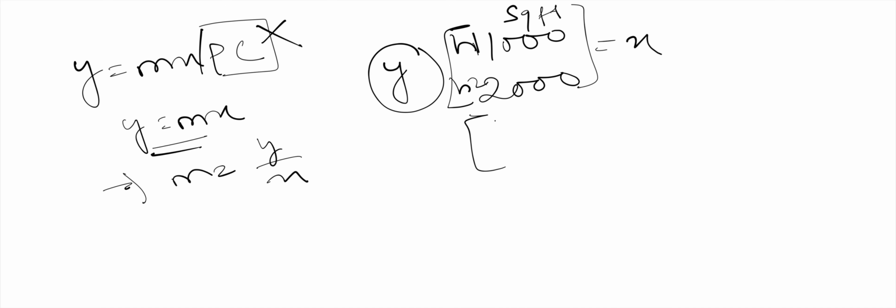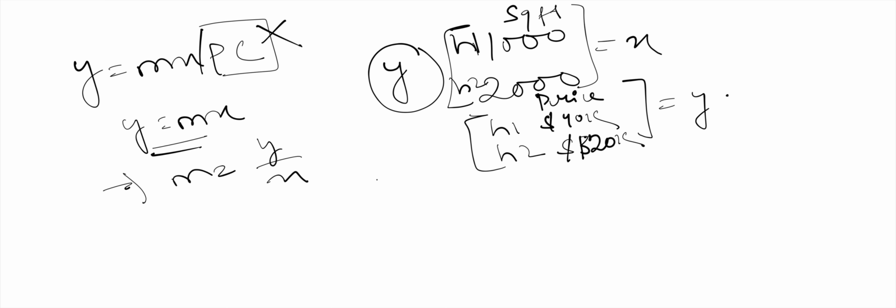And suppose house 1 price is 90K, house 2 price is, let's say, 120K. This is y. So now we can write this as y into 1/x, correct?